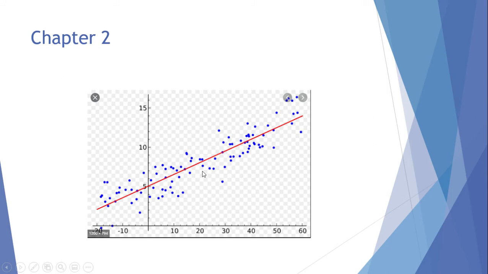This person gets a 20 on the test, and so this is where they're at. Since they got a 20 on the test, the model predicts that they got a little bit over an 8 on the quiz. That's what the line says. But the truth is that the student actually scored here. This is the reality, that they got a little bit lower than that, a little bit under 8 on the quiz.